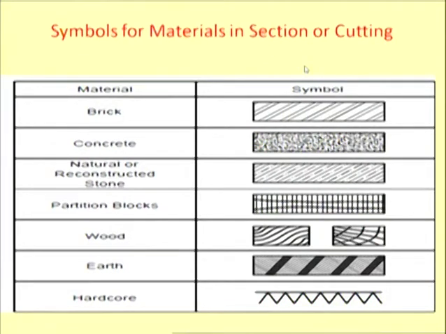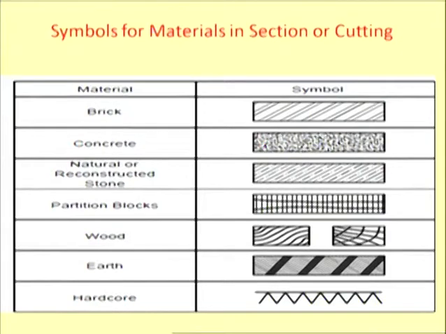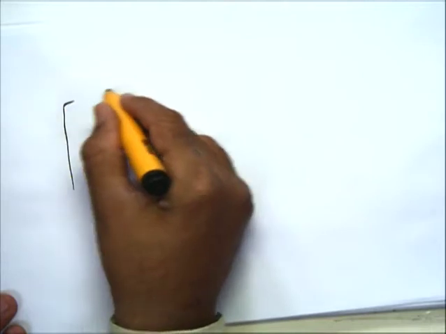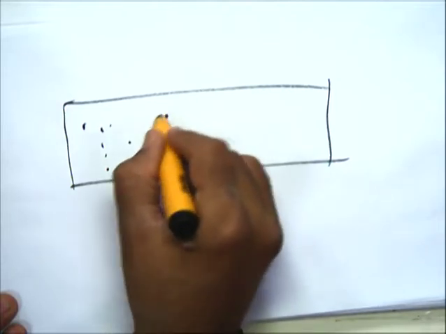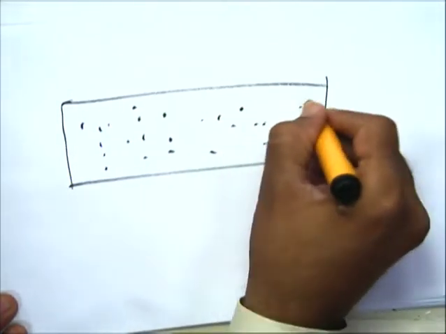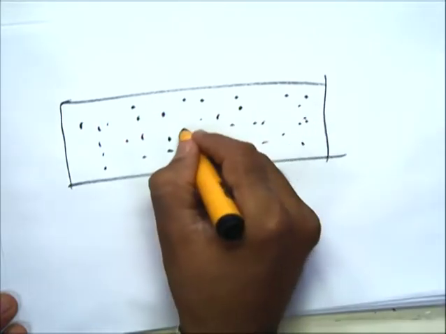When we cut the structure component, and if that component is made of, say, brick masonry, this type of hatching is shown for brick masonry. If we cut a component made of concrete, this type of symbol is shown. Here it's not proper because of the graphics. Actually, if the concrete is cut, it is shown like this: small dots will be there, and these triangles are shown.